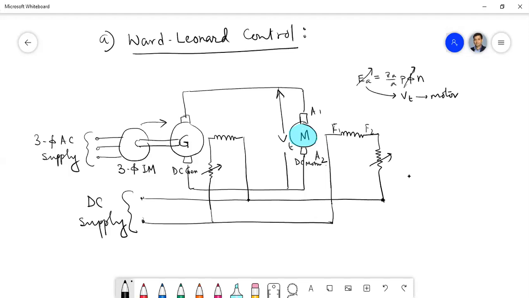For terminal voltage control, you have to use the rheostat in potential divider mode. Suppose this will be your input voltage, and here you have to connect the DC. In this way you can implement that, but that is associated with huge loss.